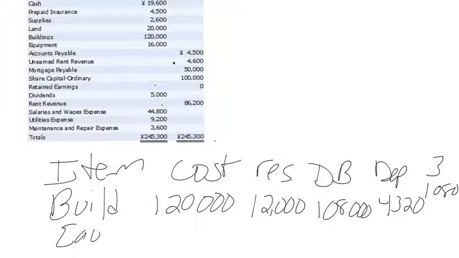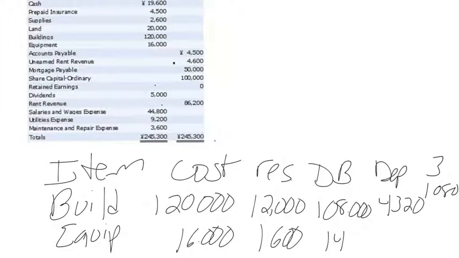The equipment has the same kind of process. It's got a cost of $16,000, residual of $1,600, depreciation base of $14,400. The depreciation this time is 10%, for $1,440, but that's an entire year. We're only going to do 3 months, so it's $360. It's easy if you make them into separate entries.